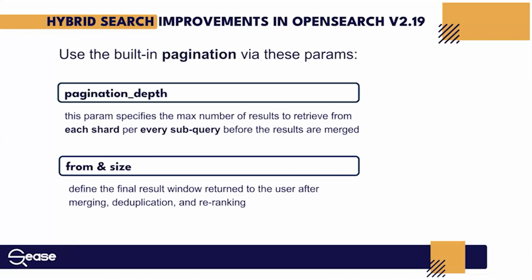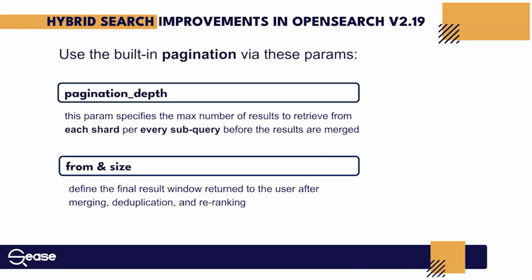For the pagination part, as I mentioned before, pagination is controlled by the pagination_depth parameter. Pagination depth is the maximum number of results to retrieve from each shard for every subquery.